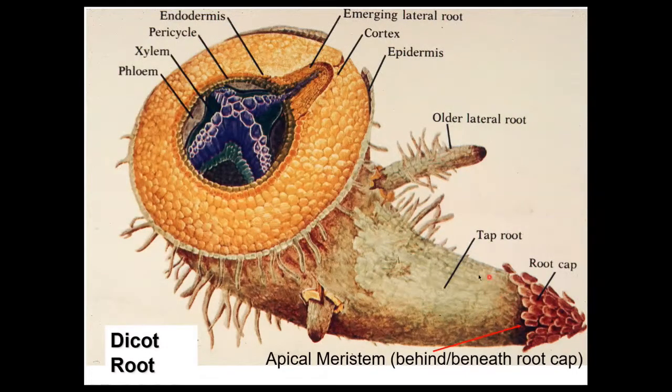There's apical meristem, elongation, differentiation going on here, and at this point, the protoderm has become epidermis. The ground tissue has become the parenchyma and sometimes collenchyma that's in the cortical region. And then the innermost part of the cortex is called the endodermis, and that's what this is.